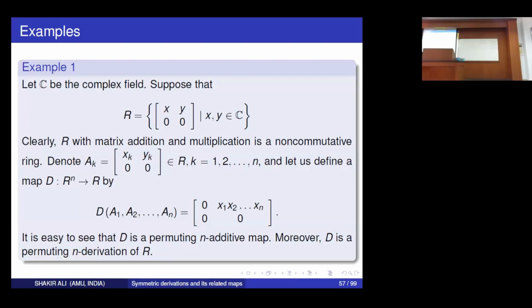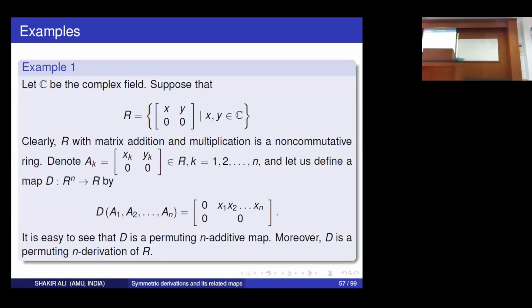This is non-commutative, and if you remember, we have to take the same example of this type. The only difference from the biderivation is here: in the biderivation we just take 0, x1, x2, and then below 0. Here we take x1, x2, ..., xn. So if you fix n, you will get an example for biderivation, an example for triderivation, and whatever type you need, you can just fix n and find it according to your needs.